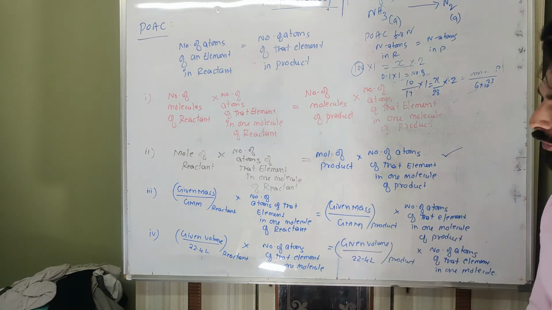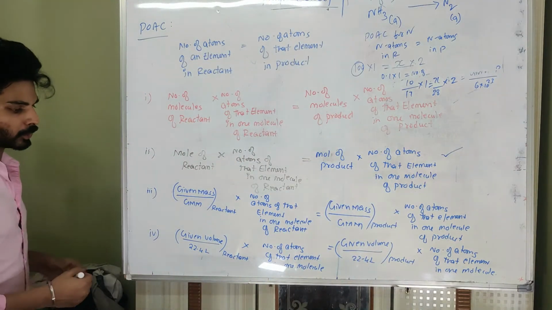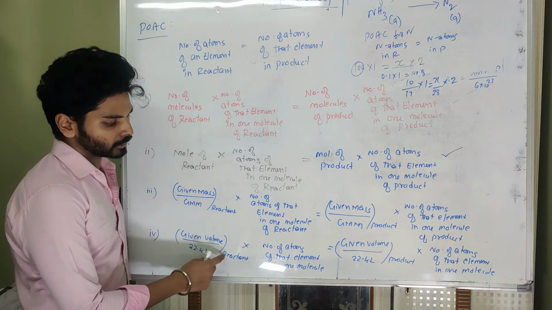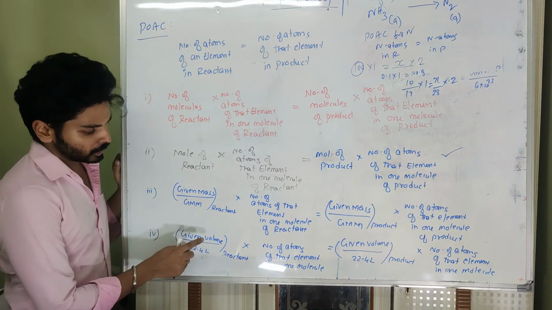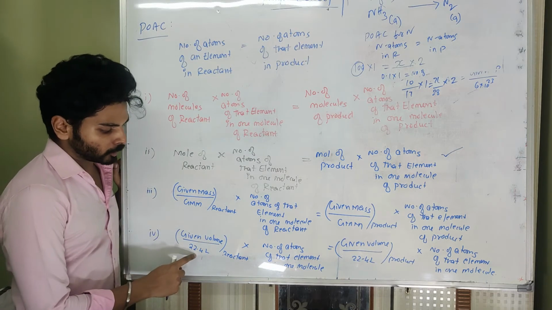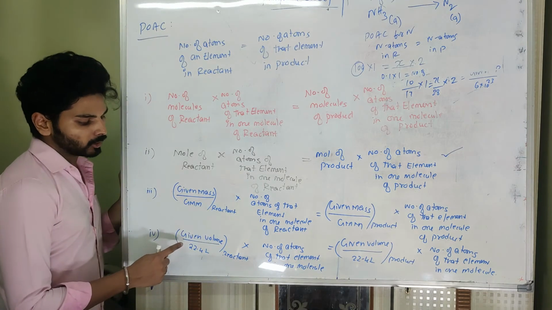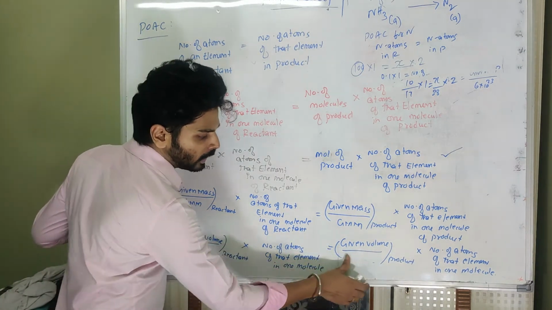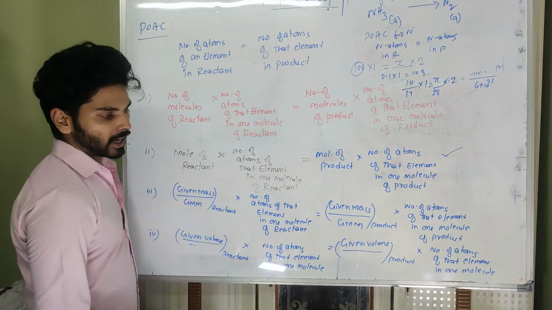Similarly, if it is a gaseous reaction, then we can consider 1 mole as 22.4 liter. So given volume upon 22.4 liter into reactant is equal to this. I have converted mole as given volume upon 22.4 liter. Now in both the cases, if you convert mole as given volume upon 22.4 and given volume upon 22.4, you can cancel out this 22.4 and volume can be equated.